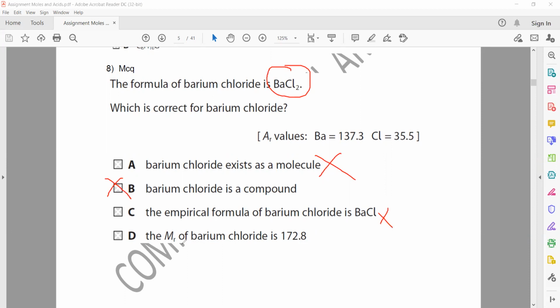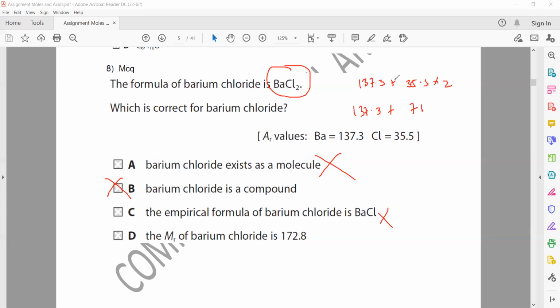The relative molecular mass of barium chloride is 172.8. So when we work it out, barium is 137.3 plus chlorine is 35.5 multiplied by 2, that's 71.